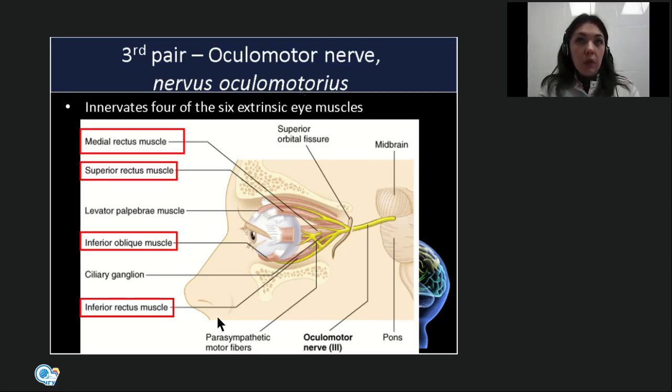So there are 6 extrinsic muscles, 4 rectus: superior, inferior, medial, and lateral, and 2 oblique: superior and inferior. And the superior, inferior, and medial rectus muscles, as well as the inferior oblique muscle, are supplied by the oculomotor nerve. The levator palpebrae muscle is also supplied by the oculomotor nerve.